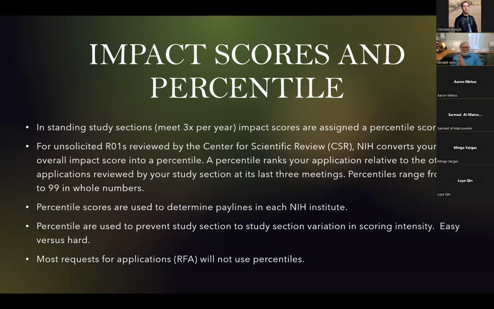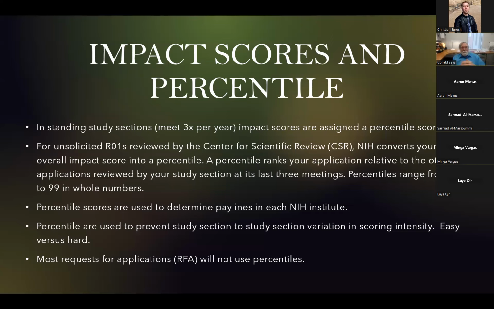And what this does is it gets a percentile and it evens out differences in the study section from one meeting to the next. So if one meeting it was a very easy study section and everybody scored really, really well, and another study section, there had been some change in the people on the section, and all of a sudden it was a much harder study section in terms of scoring. It evens those out, okay?